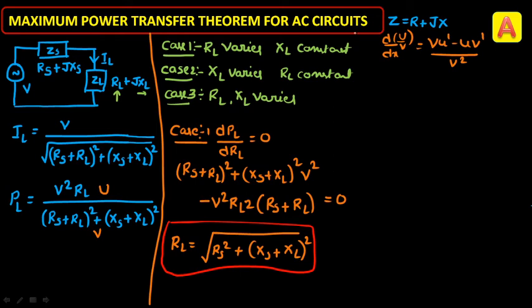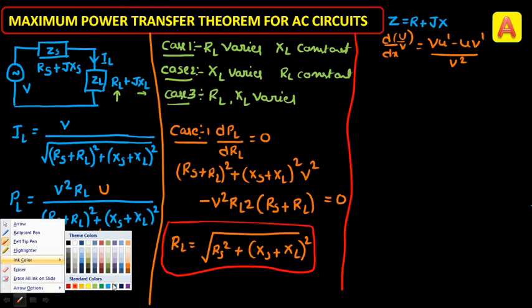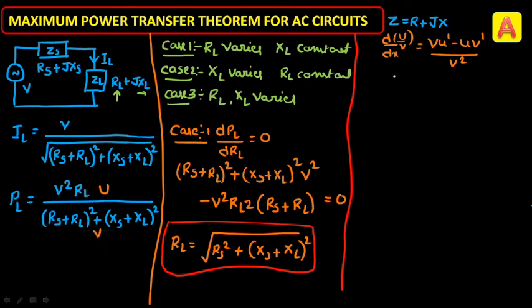Now in the second case, XL varies and RL is constant.